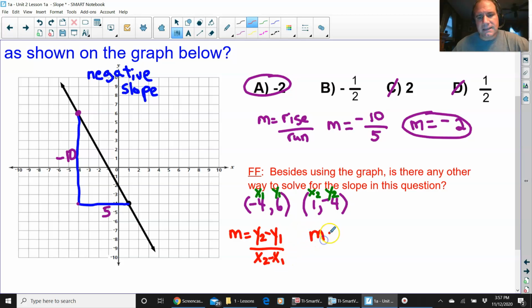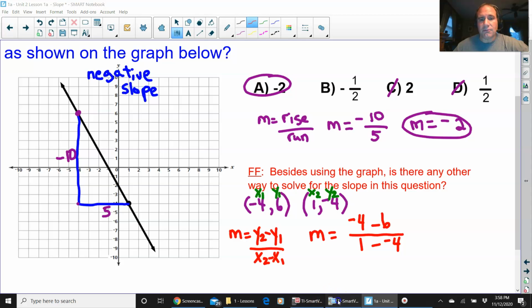So m equals, and we're going to put down the fraction line and the minus sign for each, because that subtraction sign is from the formula. So we have y2 minus y1. My y2 I identified as -4. Minus from the formula, y1 is 6. So I'm going to put the 6 down. x2 minus x1. That's 1 minus a -4.